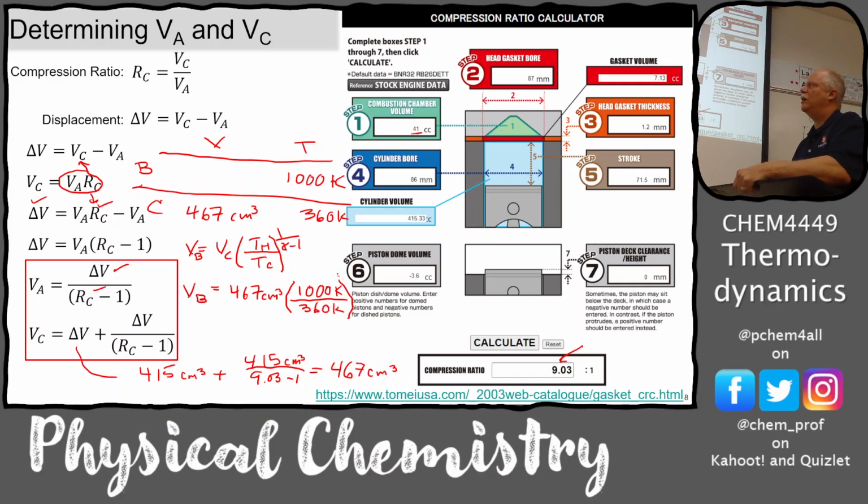And this was 1 over gamma minus 1. So what you want to do for water? We just determined that for water it was 3.